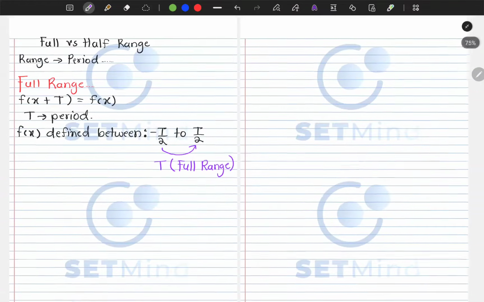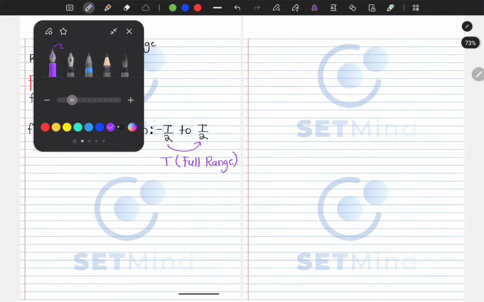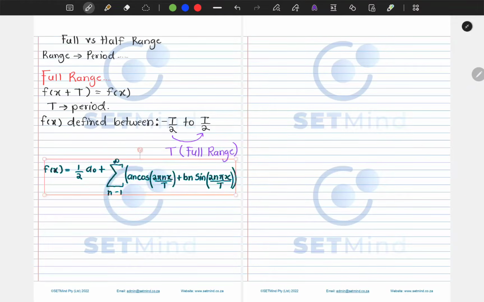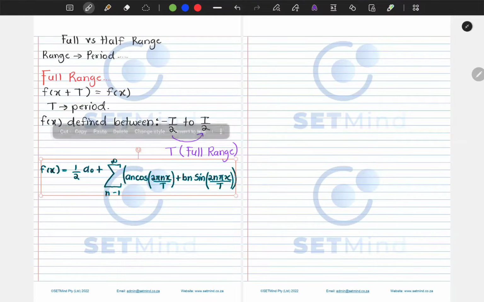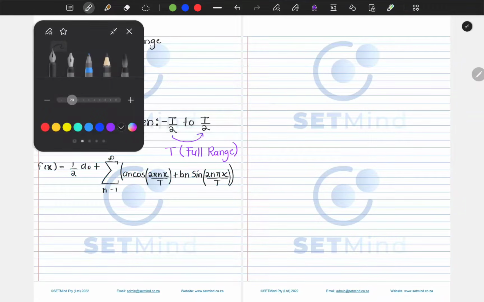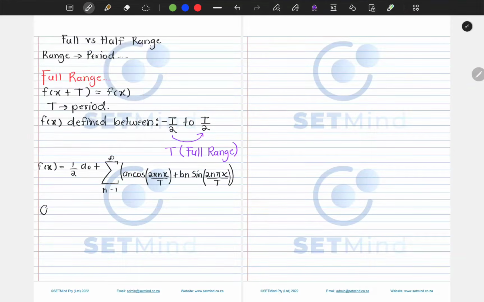What that means for our functions is that we'll have our Fourier series defined as follows. If our Fourier series is defined as such, the change that we will face will be when we are determining an.